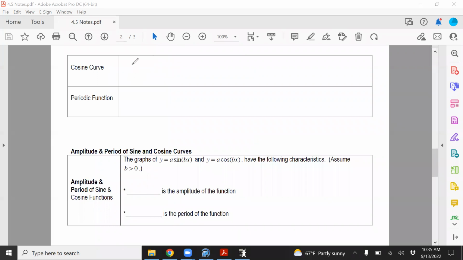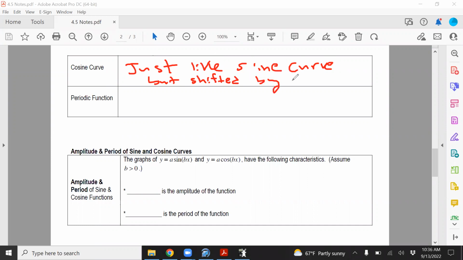So cosine curve, just like sine curve, but shifted by pi over 2 radians.